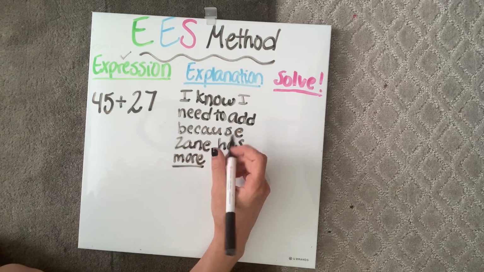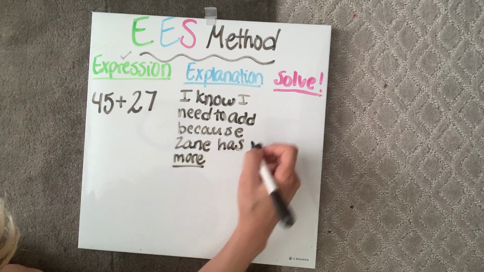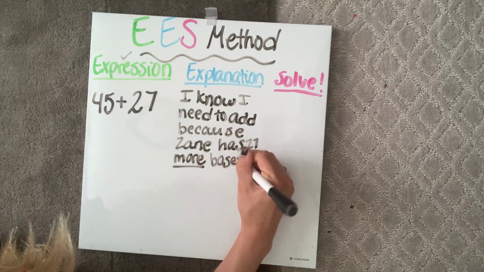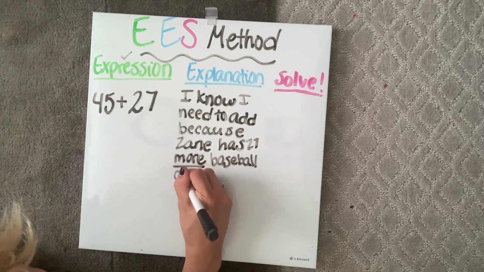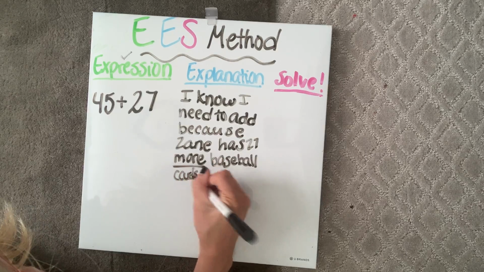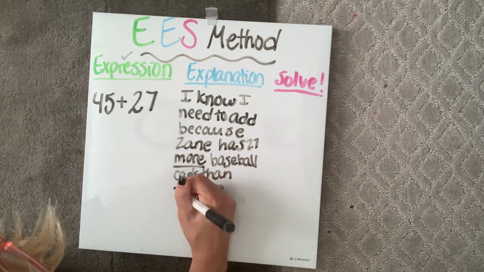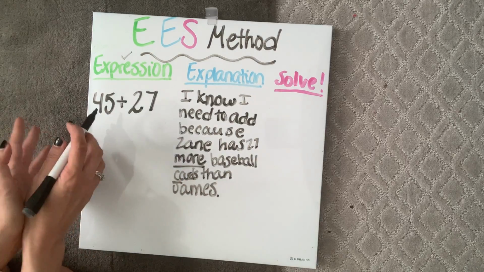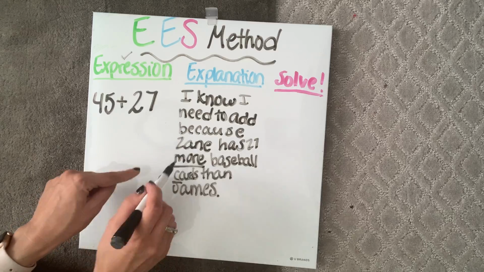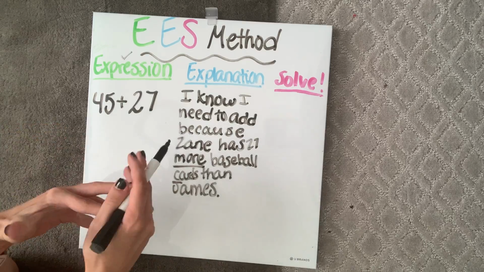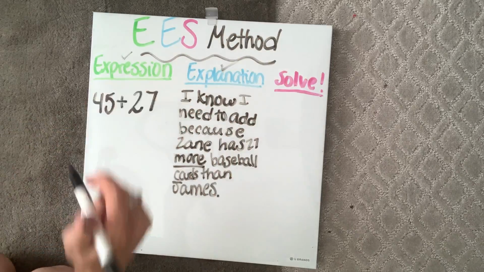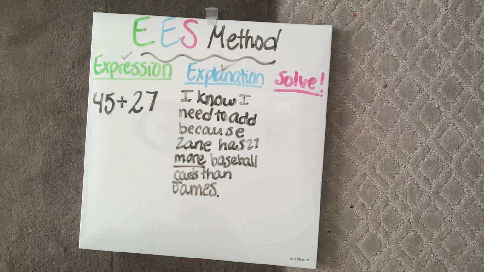Underline that keyword. Oh, it has 27 more, my bad. Baseball cards than James. I'm just explaining what I just talked about with you guys. So I know that because of the keyword more, I'm going to add. If I were to subtract, it would be less. So explanation, that's done.